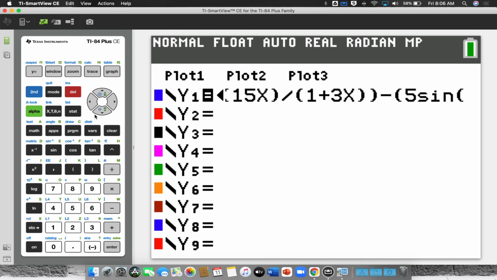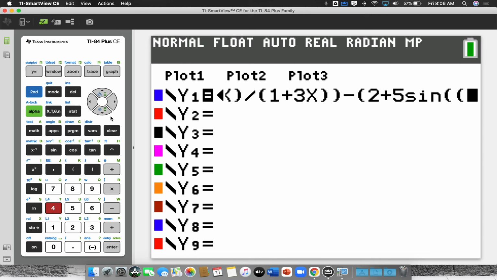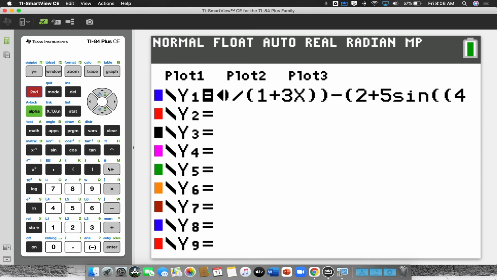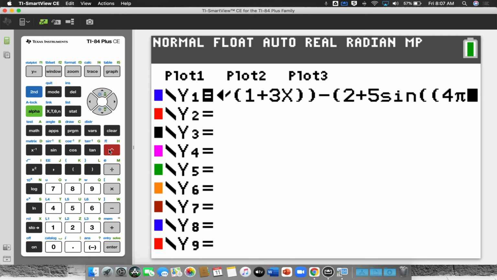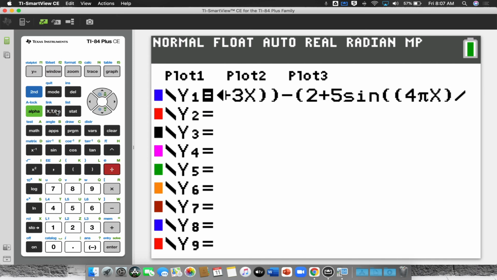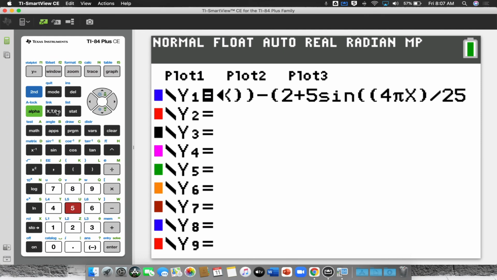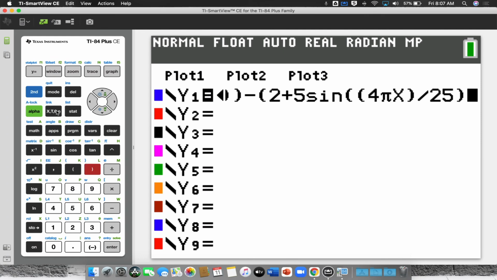Insert 2 plus, okay, 4 pi RT parentheses divided by 25. Close parentheses. Close parentheses.